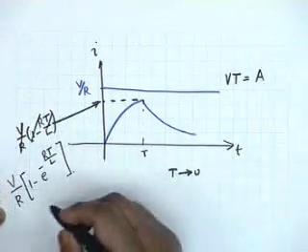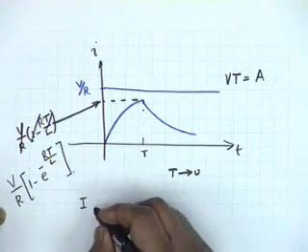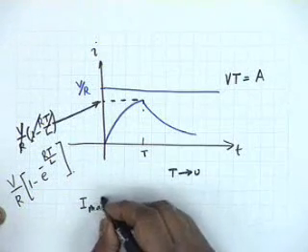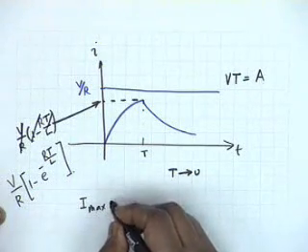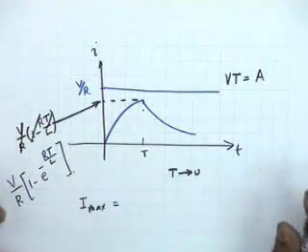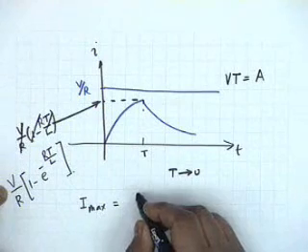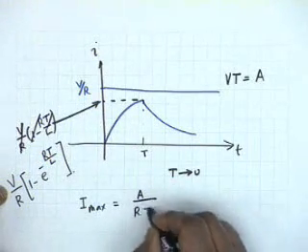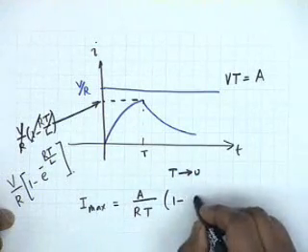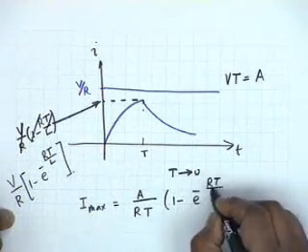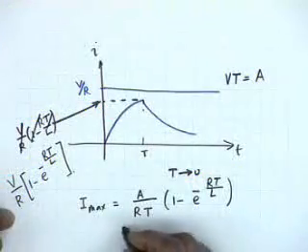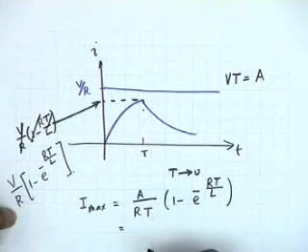And therefore, the maximum current, if I call that I max, when capital T tends to 0, well, first let's do it for general capital T. Therefore, capital V I write as A divided by T, so I max is A by RT times 1 minus e to the power minus R capital T divided by L. All right. Now I expand the exponential.